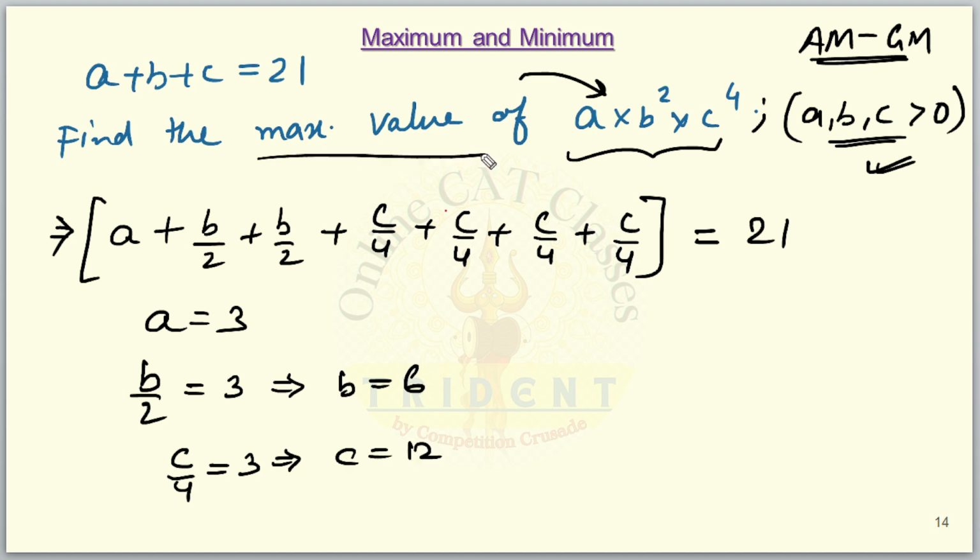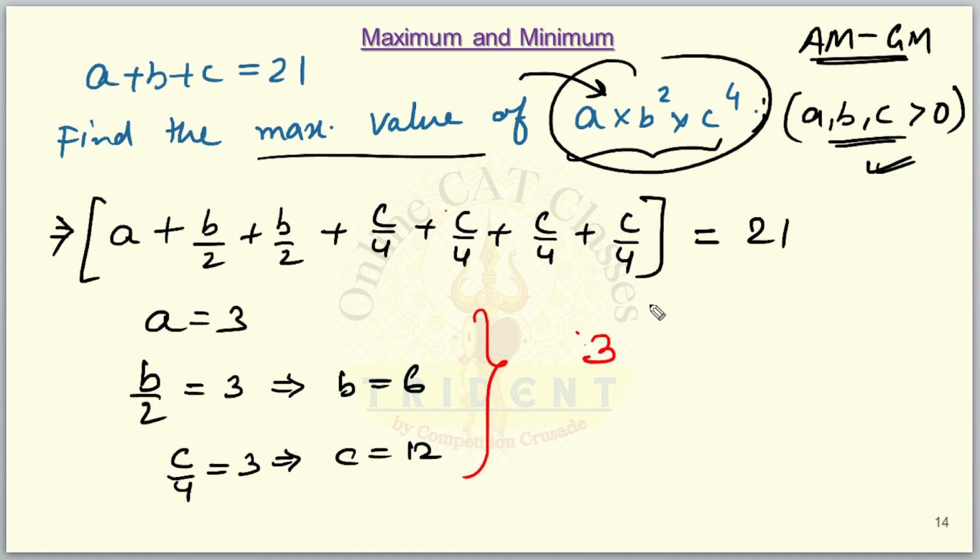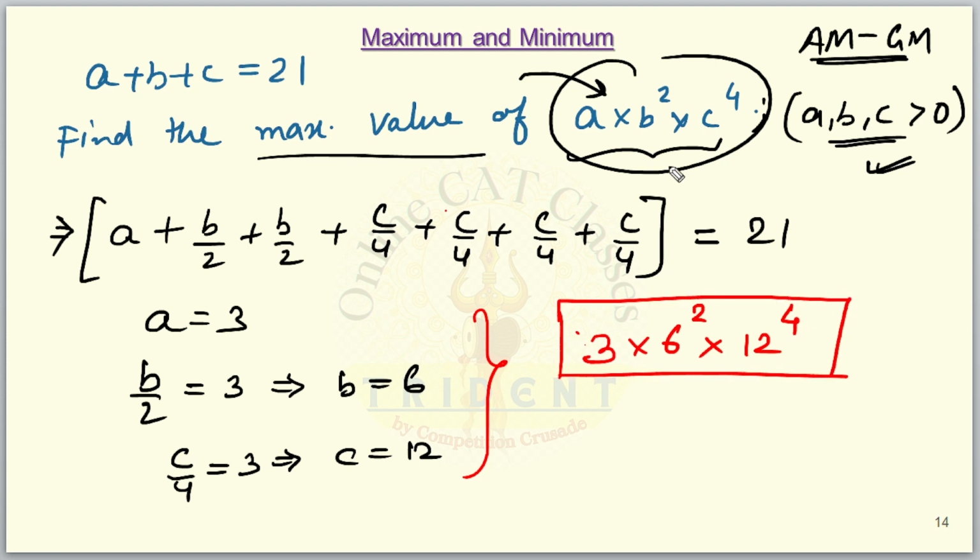So the max value of this expression can be calculated as, for A we will simply write 3, for B we will write 6 squared, and for C we will write 12 raised to the power 4. And yes, this is the maximum value of the expression A into B square into C raised to the power 4.